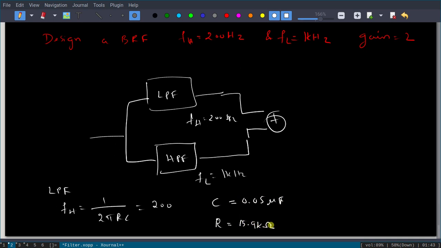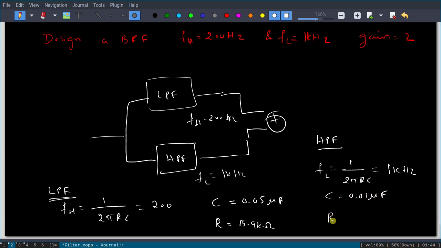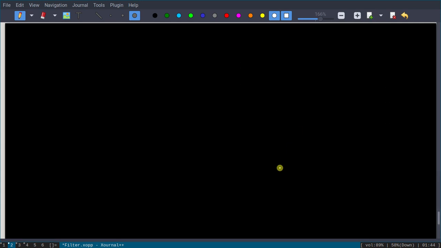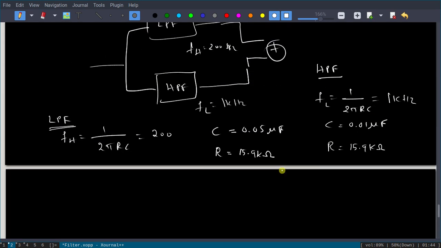This is the LPF. For the HPF, FL is 1 by 2 pi RC again, equal to 1 kilohertz. If you select C equal to 0.01 microfarad, R you will get 15.9 kilo ohm. So both filters we have designed.